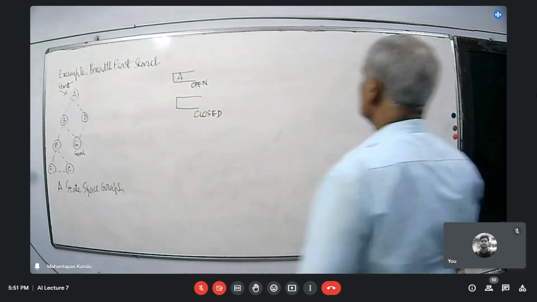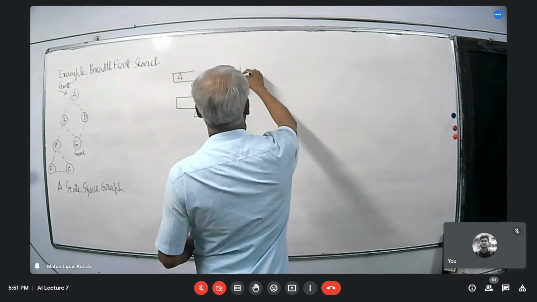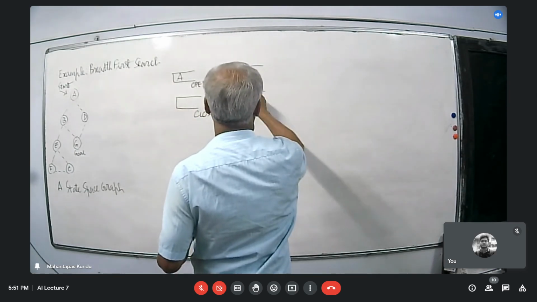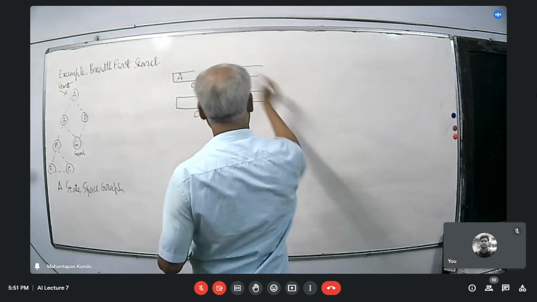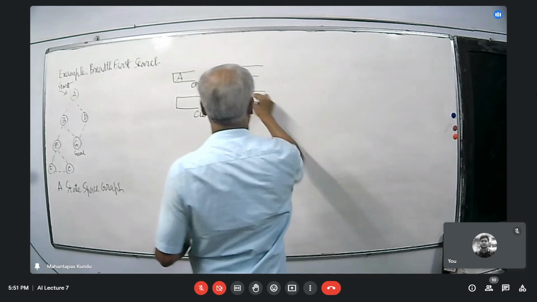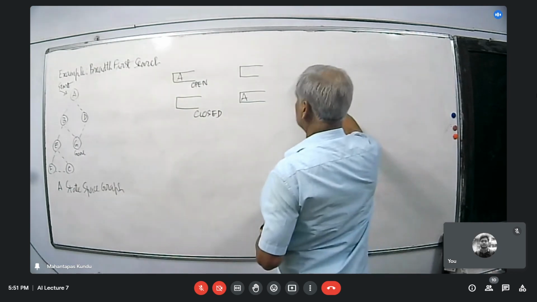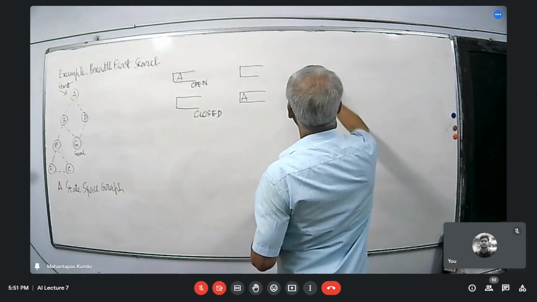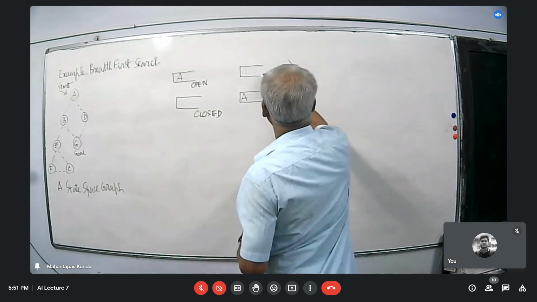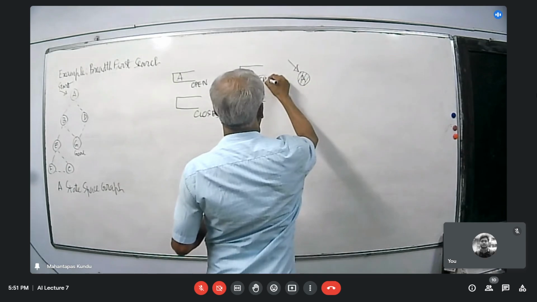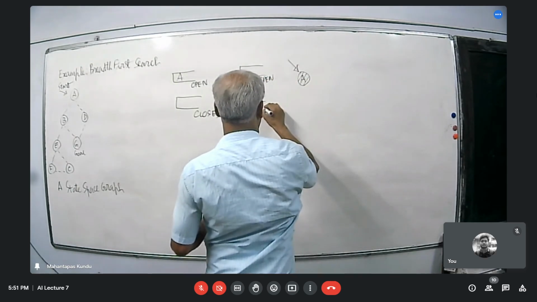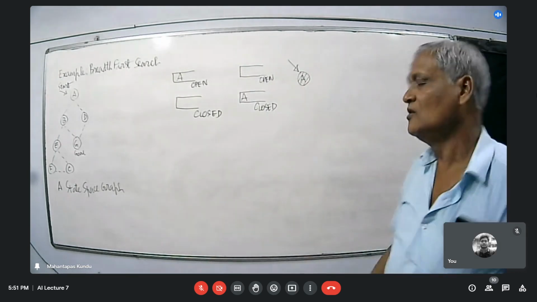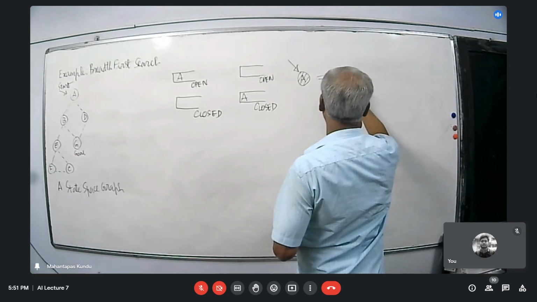Then we will remove A from the open list and mark it as visited, so A will be placed in the closed list. That means, pictorially, we will mark it as visited. After marking A as visited, we will compare it with the goal node.